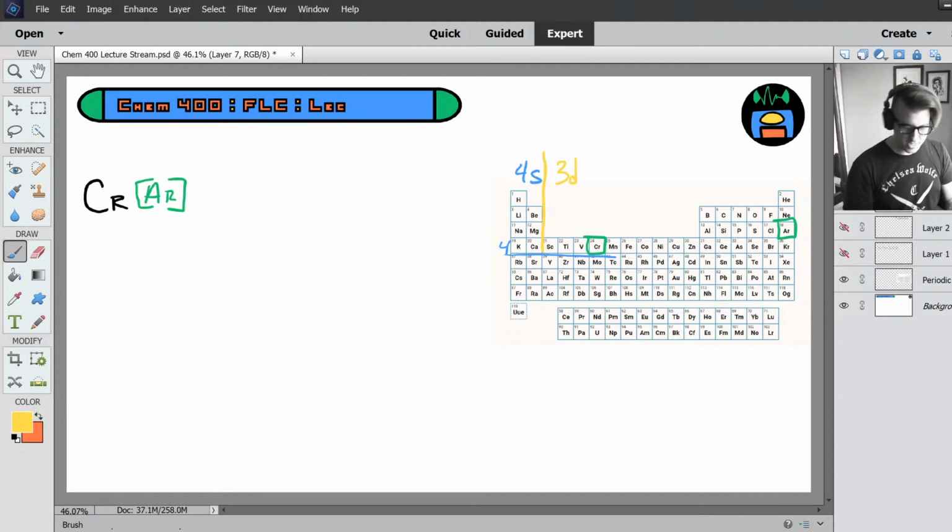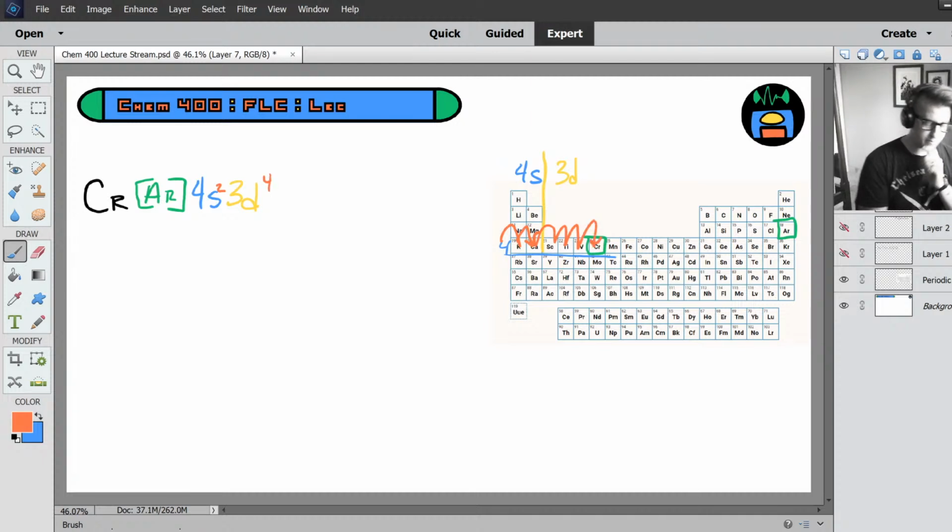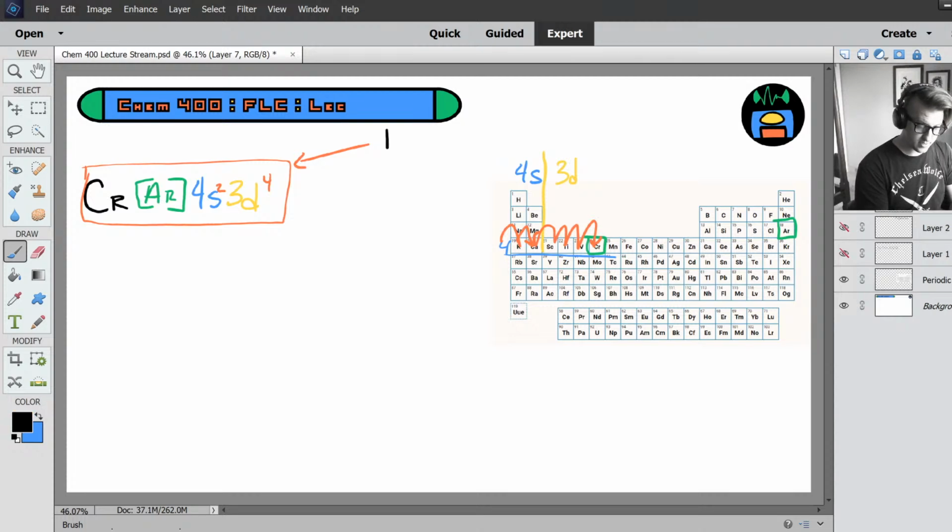So we remember that we drop an energy level when we cross from S to D. So we're going to have 4s electrons and 3d electrons. And when you count your way through, we go 2 spaces into the S block. So that's 4s2, followed by 1, 2, 3, 4 spaces into the D block. All right. Now here's the thing. As written, this electron configuration is incorrect.